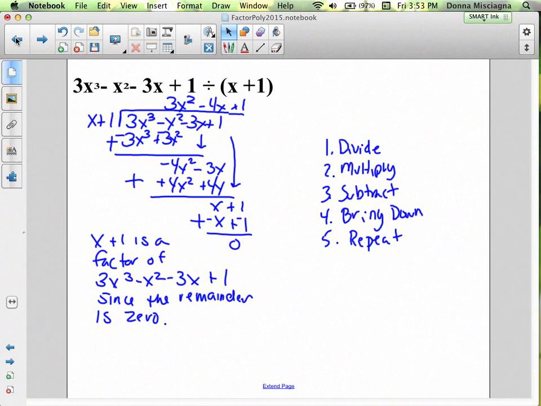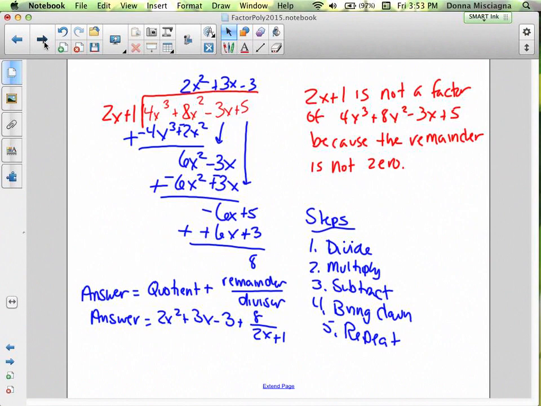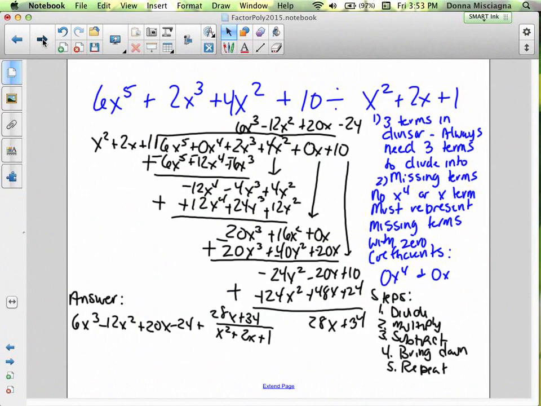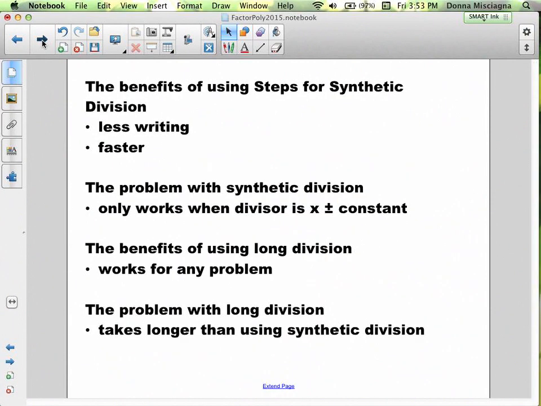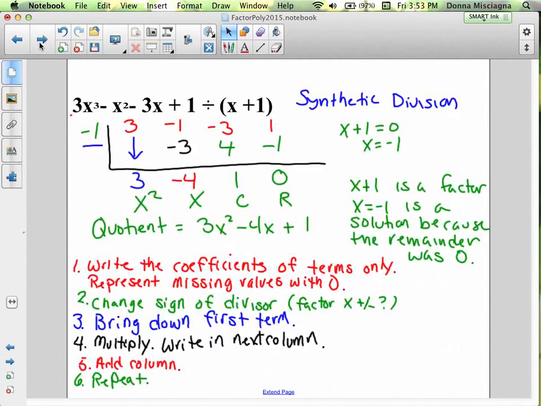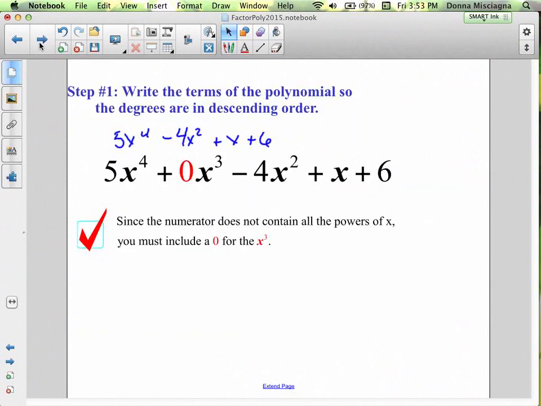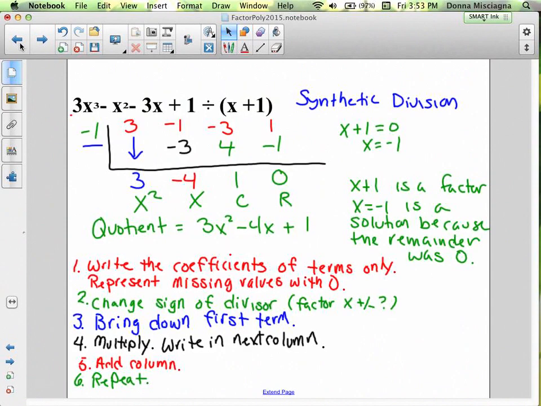There we used long division, and we got 3x squared minus 4x plus 1. A few more slides, and here we use synthetic division. You can see how much less writing there was.